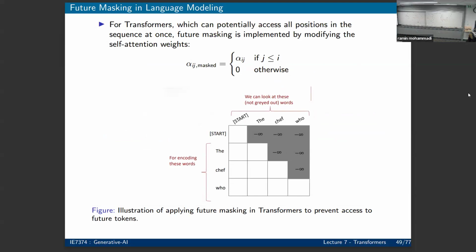So that's one way. The other technique, which is more common, is that you build a matrix like this. If you have n words, in the encoder we know we end up with an attention matrix of n by n, and you have all these attention weights that sum to 1.